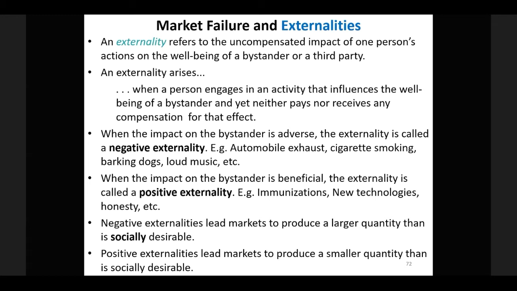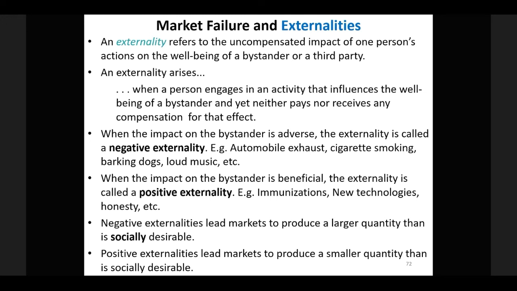So you engage in an activity, this influences the well-being of a bystander, but that bystander, if it affects him positively, doesn't pay anything for it as a compensation. If it affects him negatively, he doesn't receive any compensation for that.